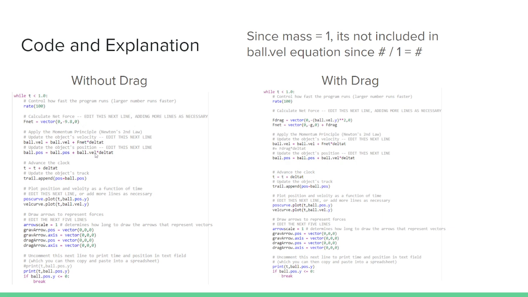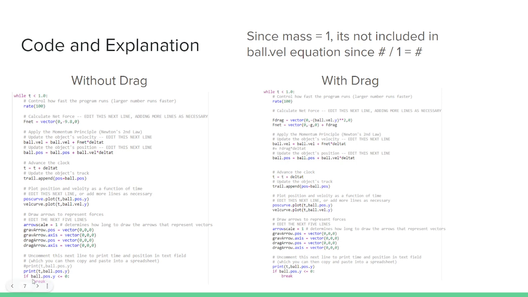Now looking at this, we can see that the ball velocity was given by getting the net force, which in this case was just gravity, times the delta t, the amount of change of time, which was added to the velocity, and then we used that velocity equation to get the position.